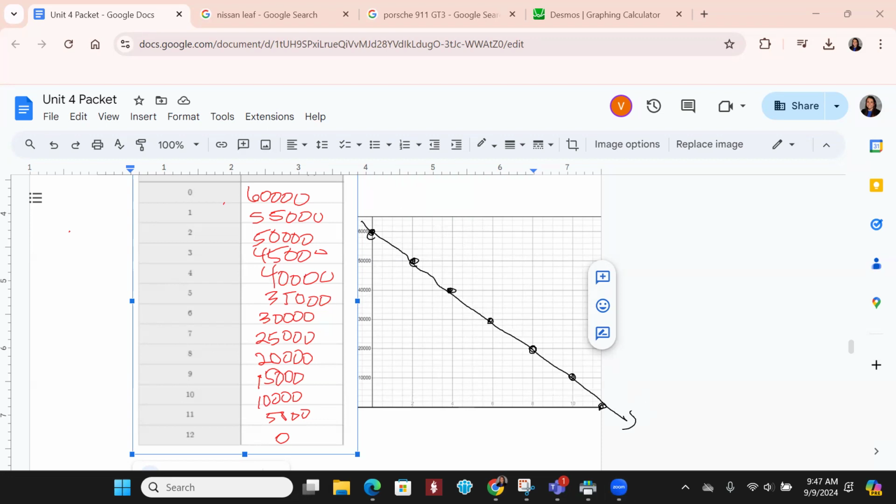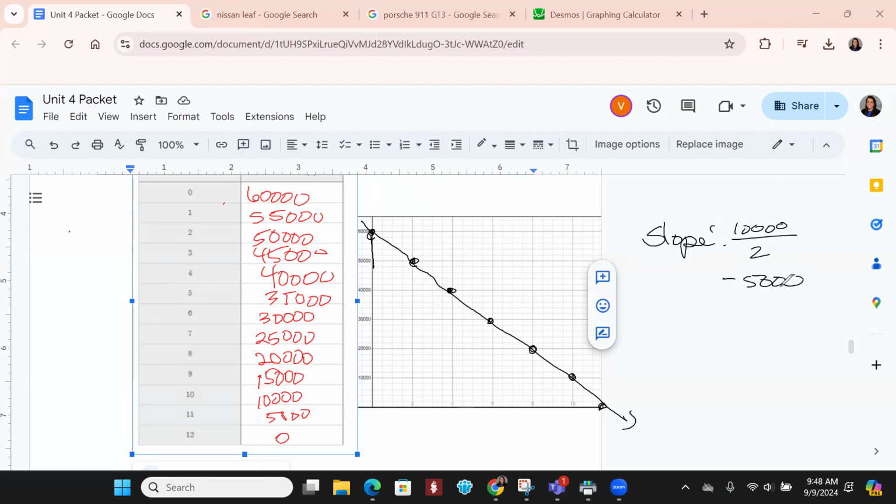What is the slope of this function? What do we go down by each time? 5,000. Based off of this, we went down 10 over 2, that's negative 5,000.